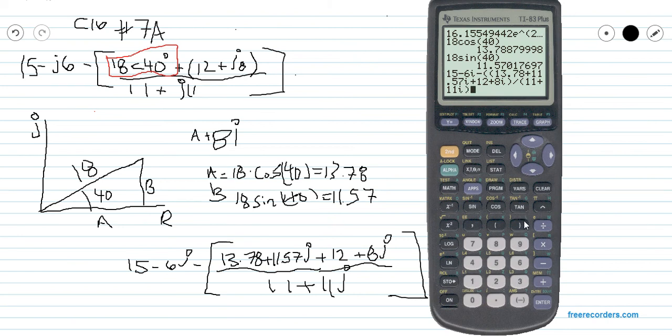I might have done this wrong, but we'll see what we get. When you hit enter, there's your answer. Your magnitude is 14.14 and your angle is negative 23.841.